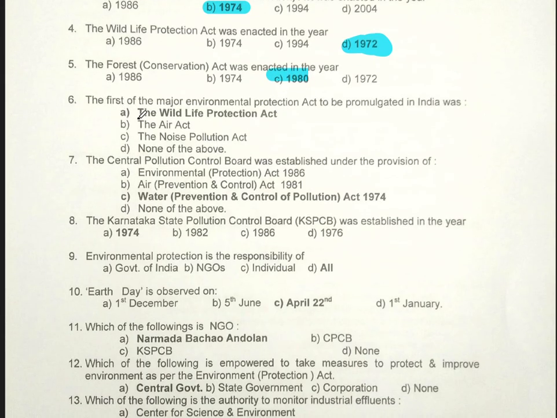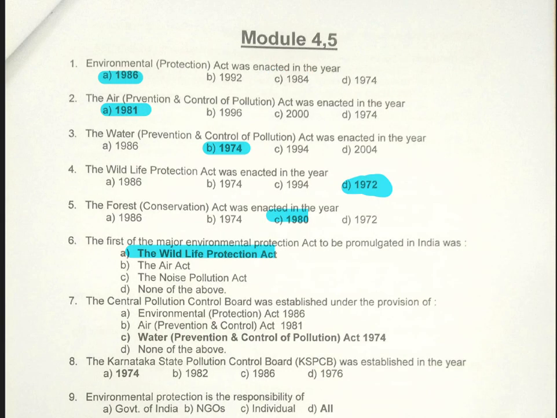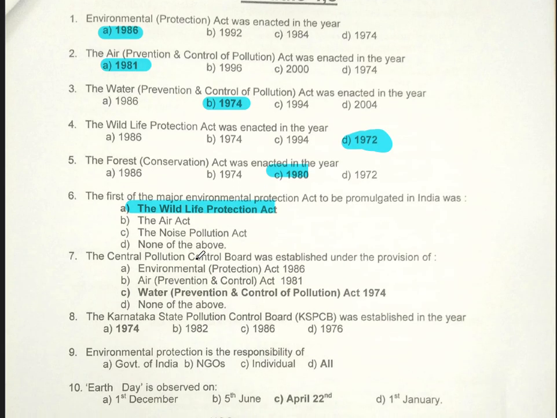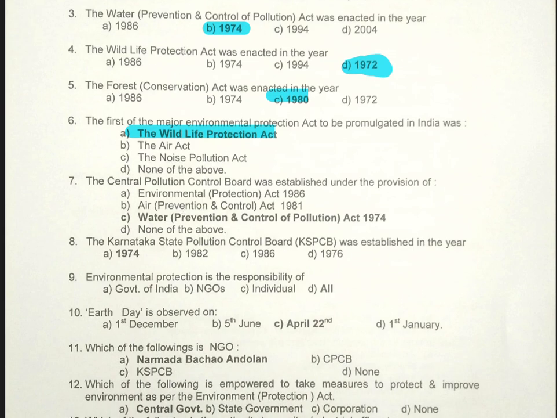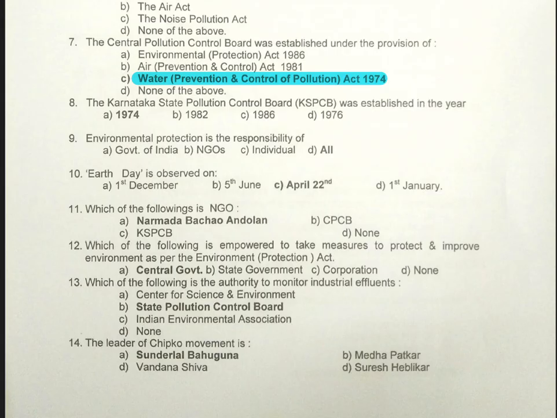The first of the major Environmental Protection Acts to be promulgated in India was the Wildlife Protection Act. The Central Pollution Control Board was established under the provisions of the Water Act in 1974. Karnataka State Pollution Control Board was established in the year 1974.